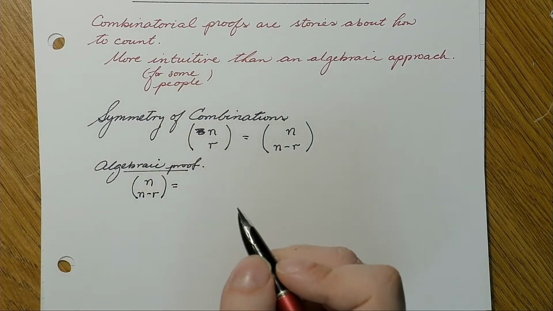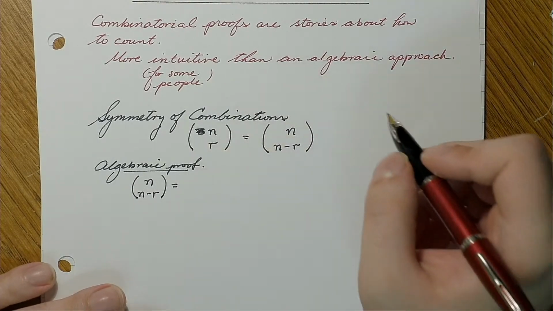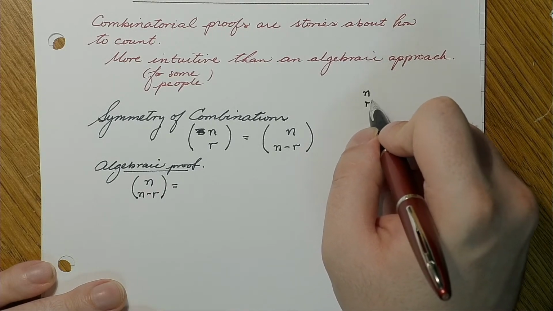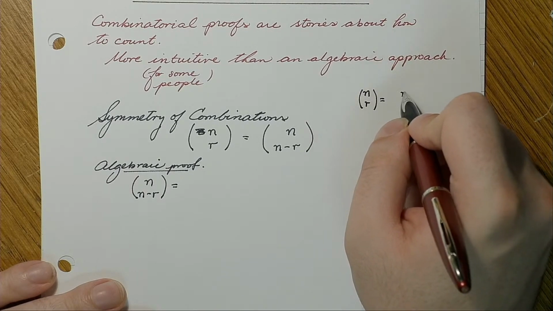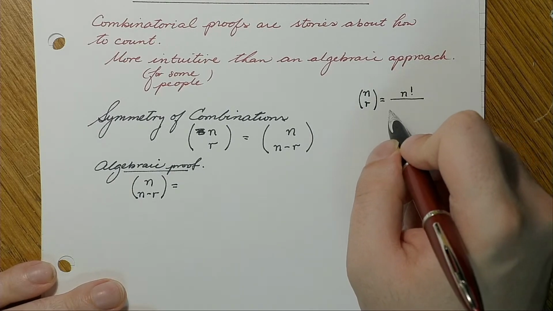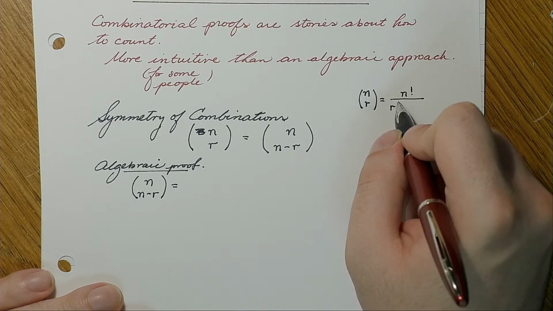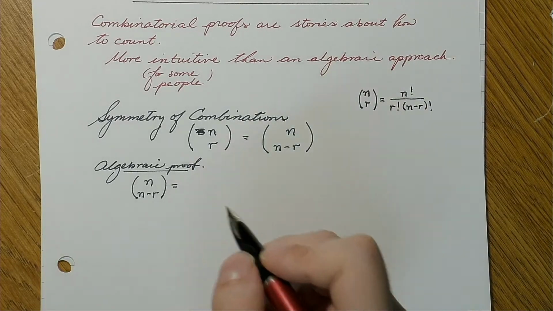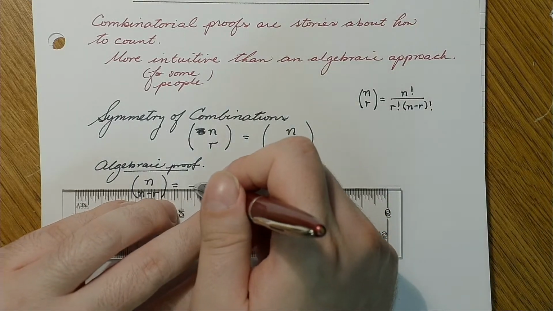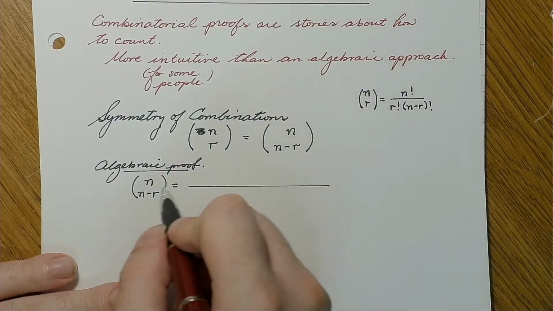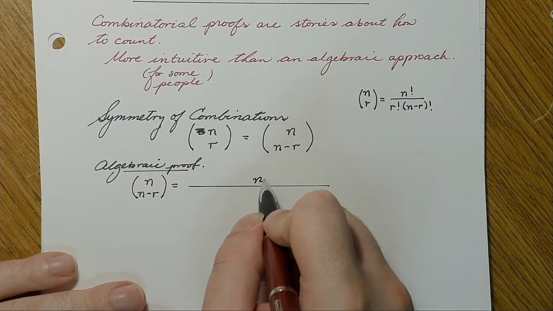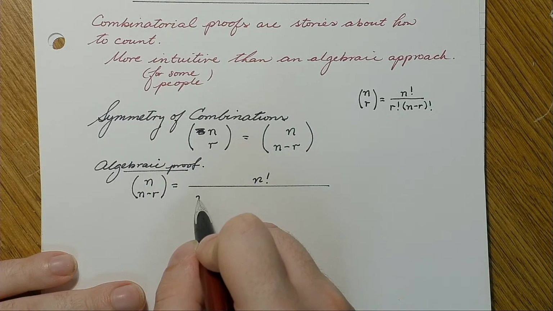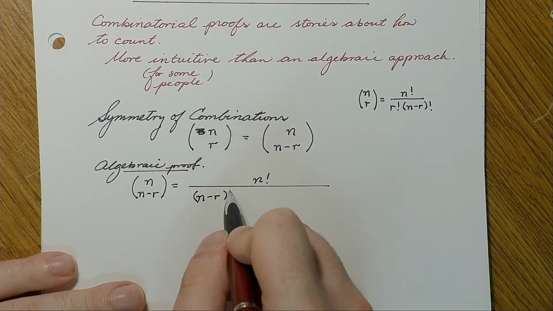And using the formula, I'll just write that n choose r is equal to n factorial over r factorial n minus r factorial. So that means that in the numerator, I'll have n factorial. And then I have r, but in this case, it's n minus r, so it's n minus r factorial.